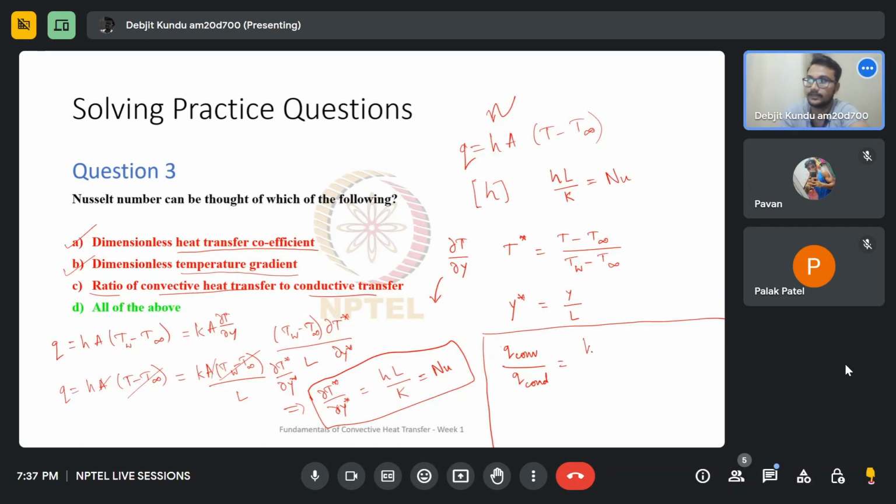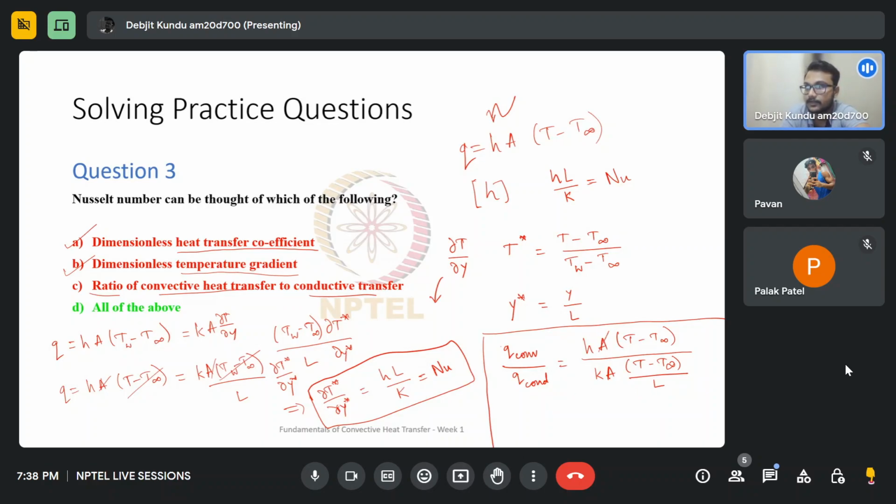It's just h into A into T minus T infinity. And for conductive heat transfer, it's kA then dou T dou y, which we can write as T minus T infinity by L, right? So dou T dou x can be written as delta T by delta x. Here delta T is T minus T infinity and delta x is L, whichever length scale is associated with the problem.